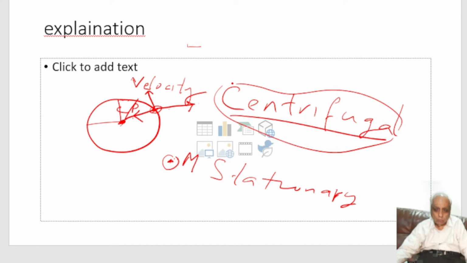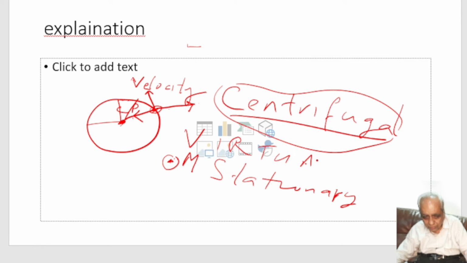Now this centrifugal force is not a genuine force. It is not that from nowhere some force is acting on the stone or anything. This is a virtual force, a fictitious force. To this person, he assumed that this force is acting, that is why the stone is stationary.